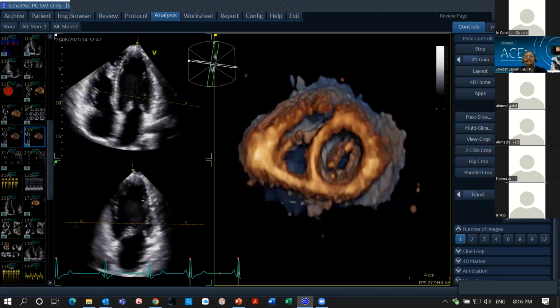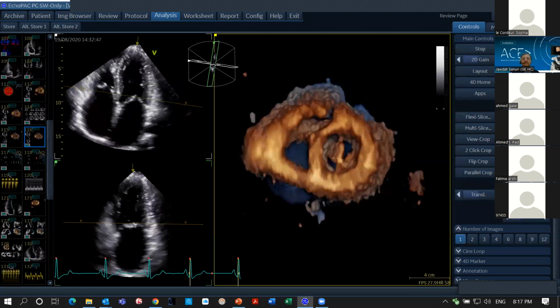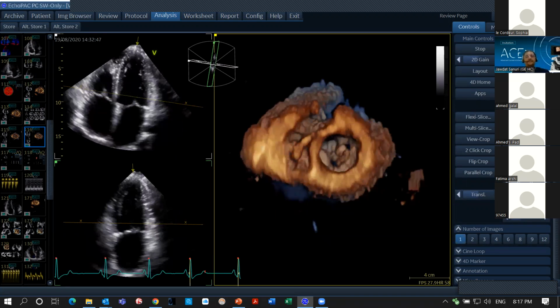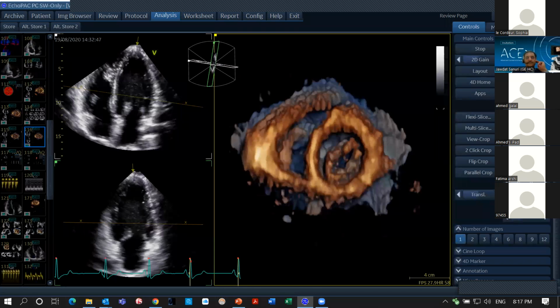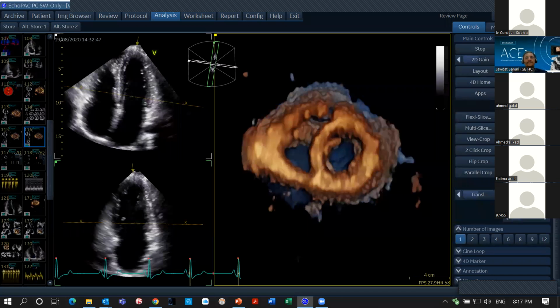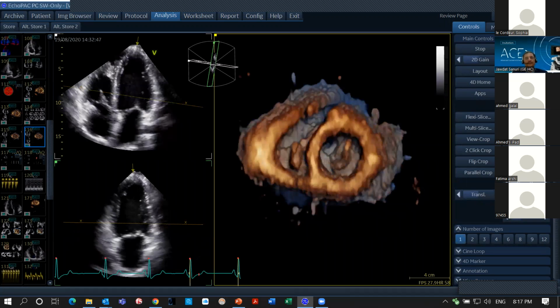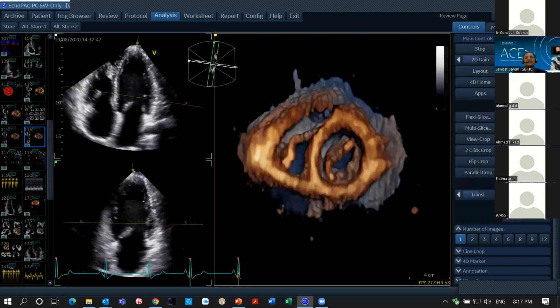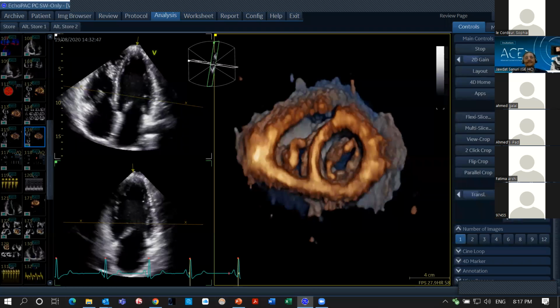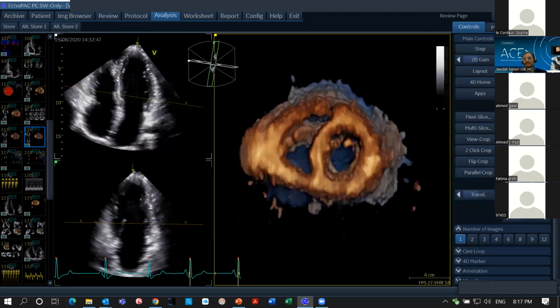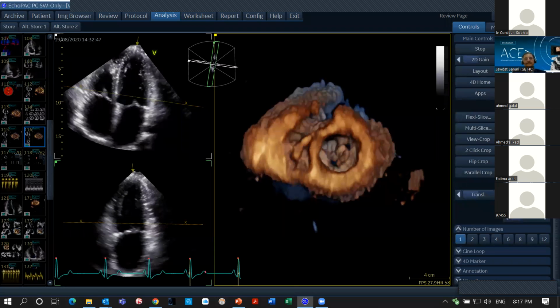I have only one last question, please. Our institution has 4 GE machines, but we have Tomtec, not EchoPAC. So our technologists send all the 4D to the Tomtec, and we take all the measurements from Tomtec.